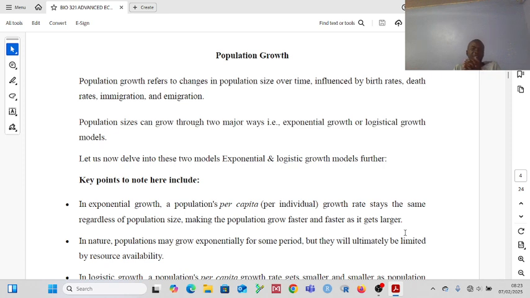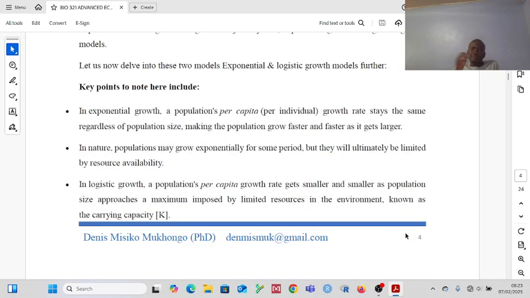Okay? So the size of populations mostly will grow through two major ways. One of it is it can grow in an exponential model, or the other one is that it can grow or increase in a logistic model. So when you look at these two, the key points to note here is in exponential growth, the growth rate, the increase in the population stays the same regardless of the population size.